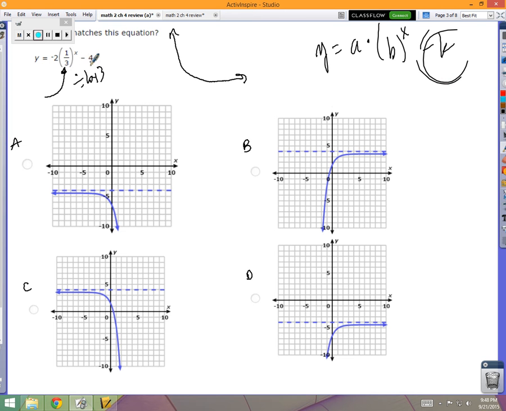So this is a -4. So we're looking at this one right here. B, we can cross off B. C, we can cross off C. D could be possible, because this line right here at -4, and this line right here at -4, that's what this -4 is. They shifted that graph down 4 units.